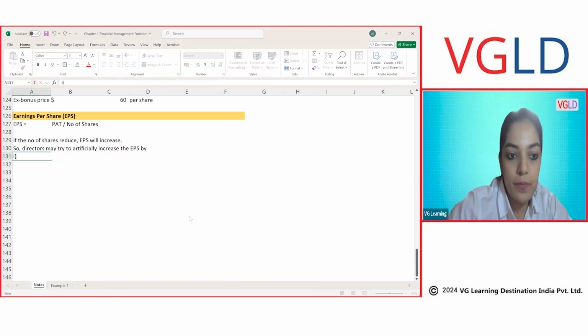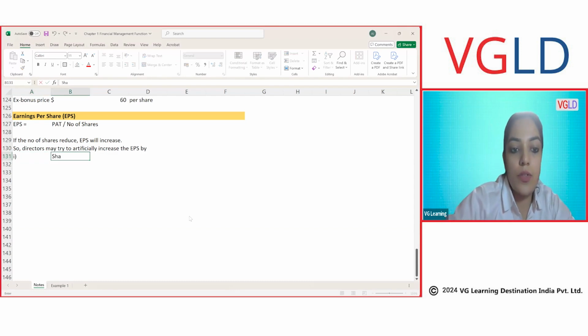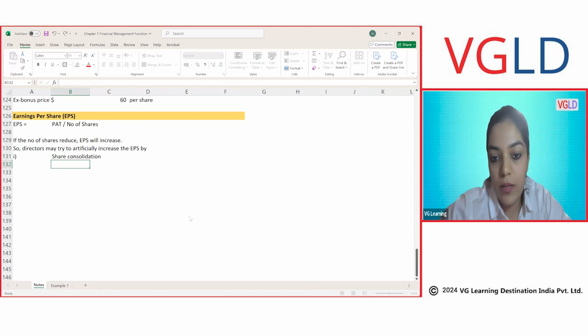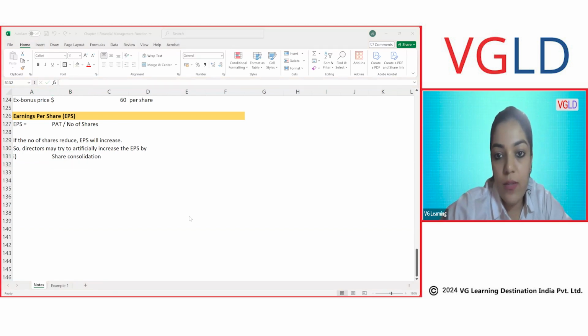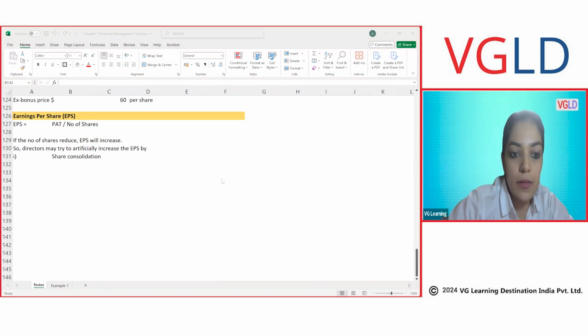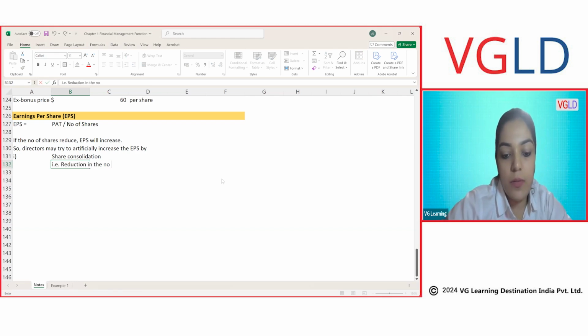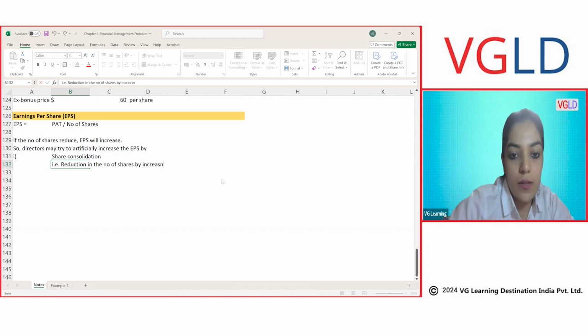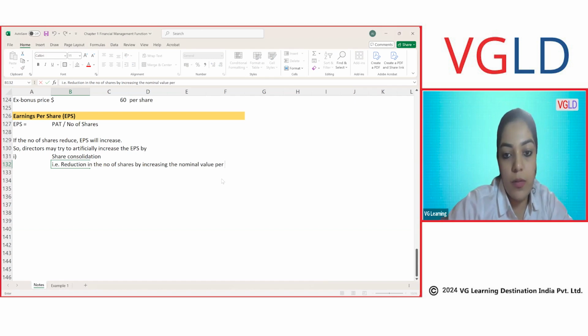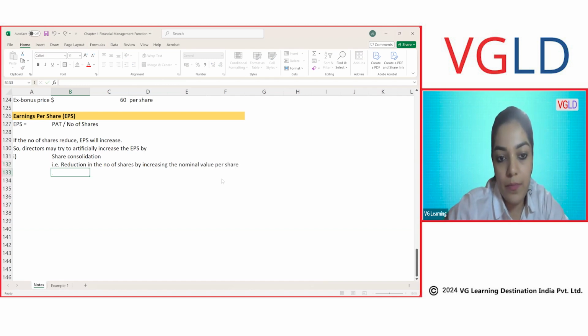number one, share consolidation. Ma'am, what is share consolidation? Reduction in the number of shares by increasing the nominal value per share.